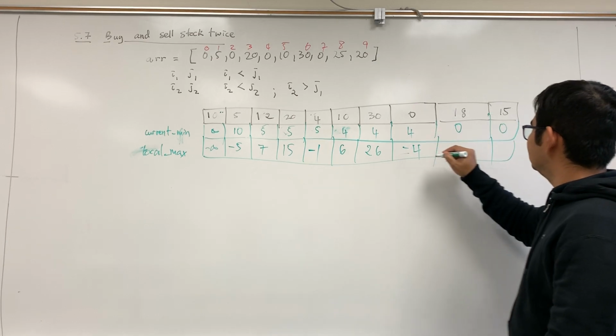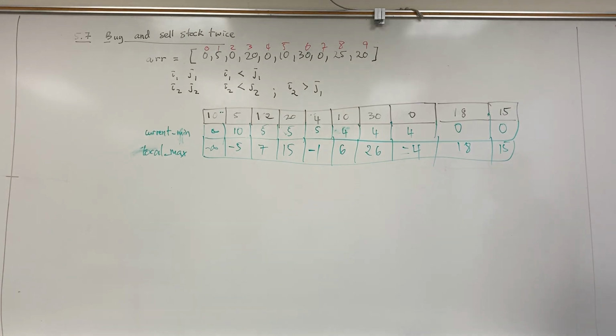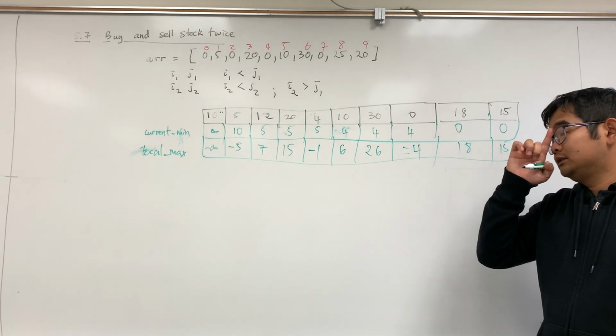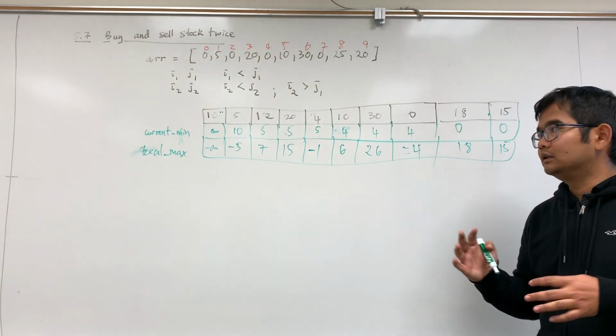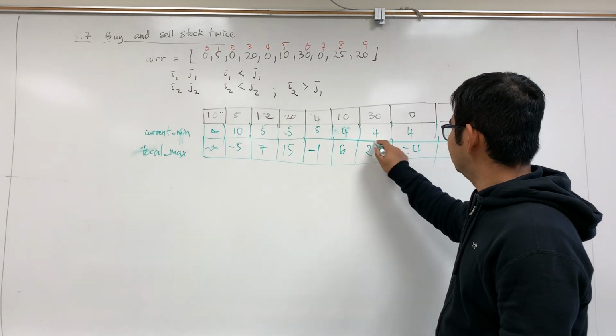This is minus 4, this is 18. So if the question was, instead of buying and selling stock twice, just buying and selling stock once, the answer would be 26. That's our profit.